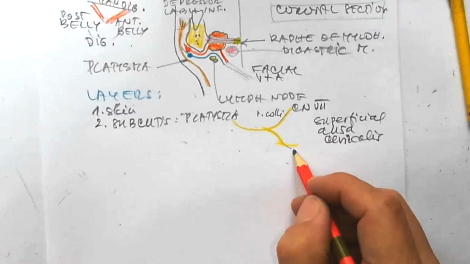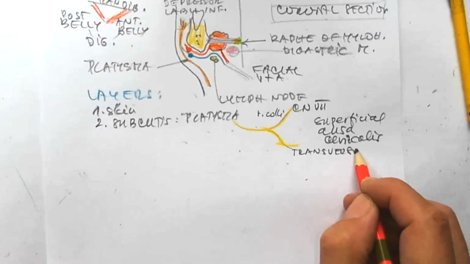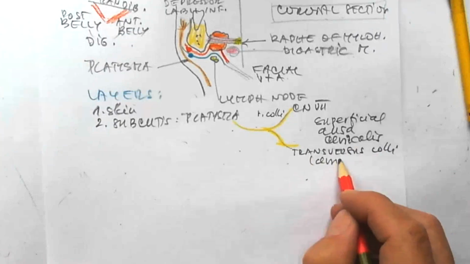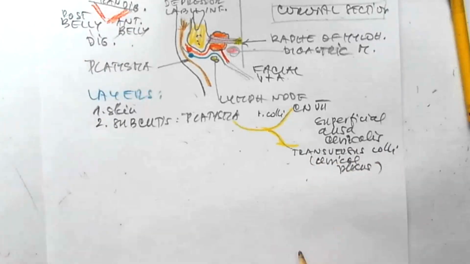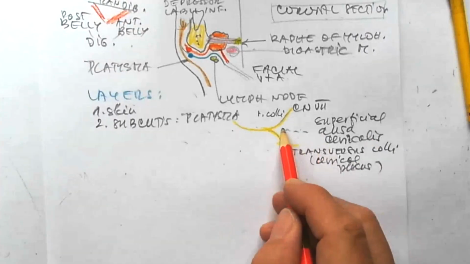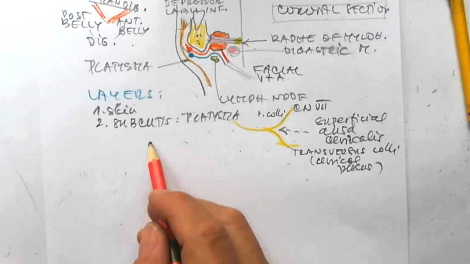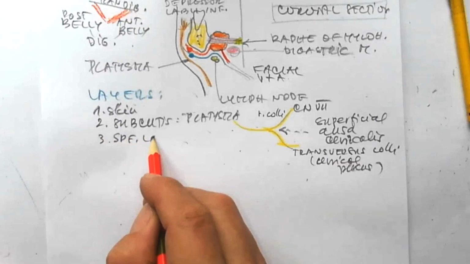This is the transversus colli from the cervical plexus. So we remember that the transversus colli from the cervical plexus joined together, and we call it the superficial ansa. That's it.